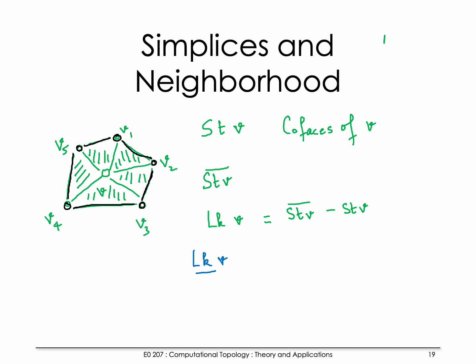The link of V here consists of all the vertices V1 through V5 and the edges V1V2, V2V3 and so on.